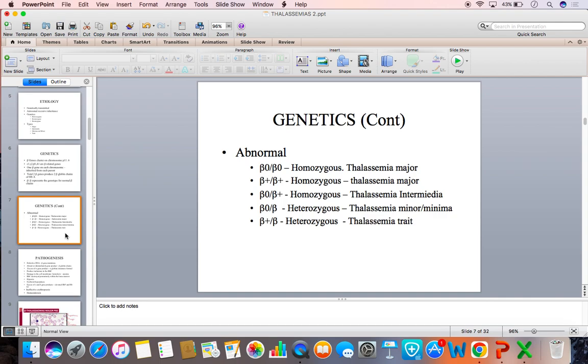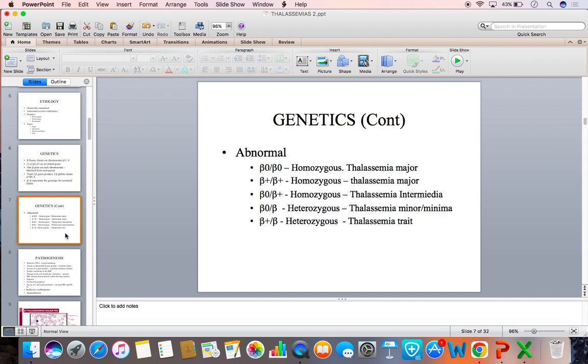Thalassemia minor and minima. This is because of the presence of one beta gene normal and one abnormal beta gene. Normal beta gene, its product is normal beta chain, and beta 0 results from the abnormal gene. That results in the beta 0 and beta, a heterozygous state that results in thalassemia minor or minima.